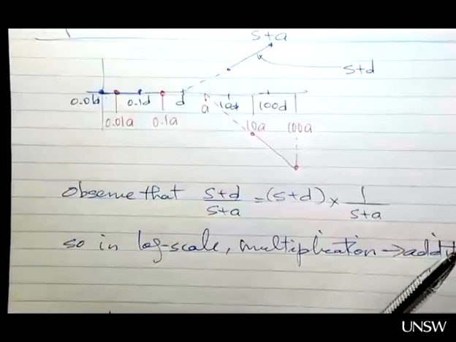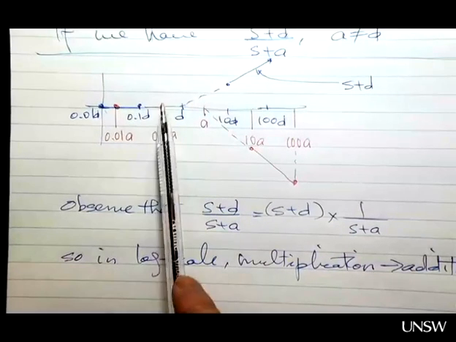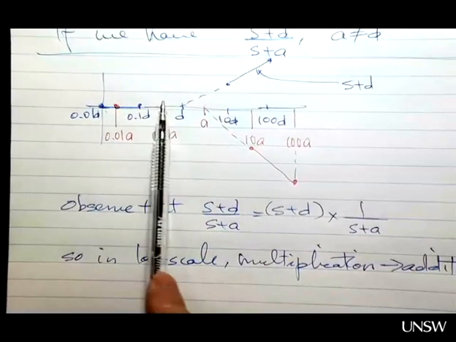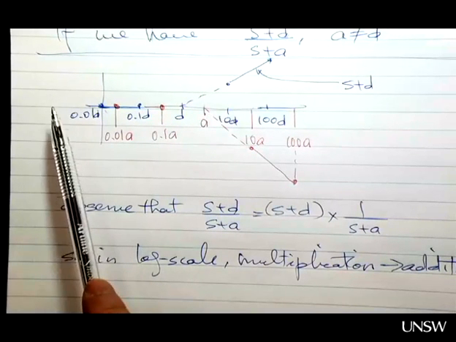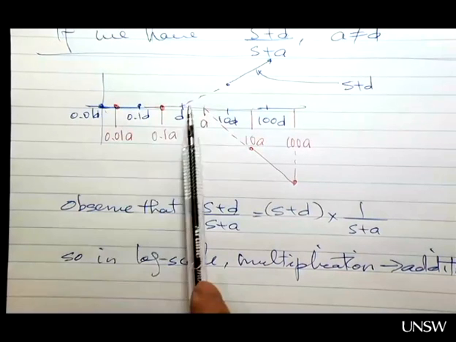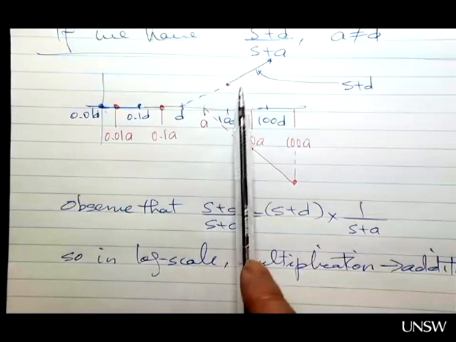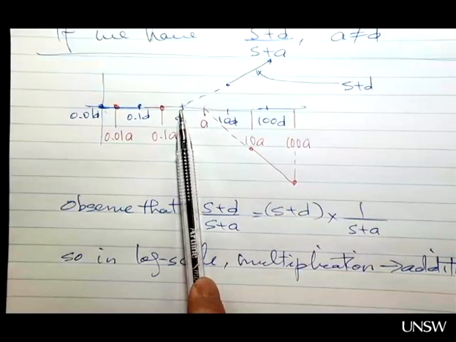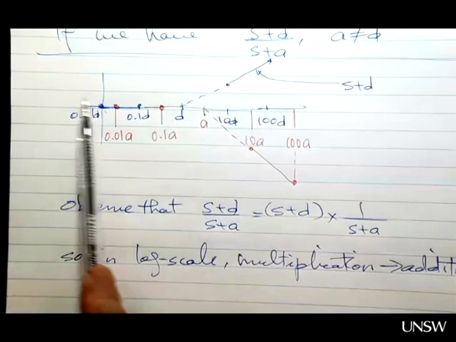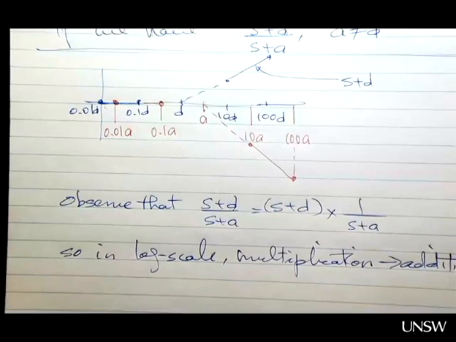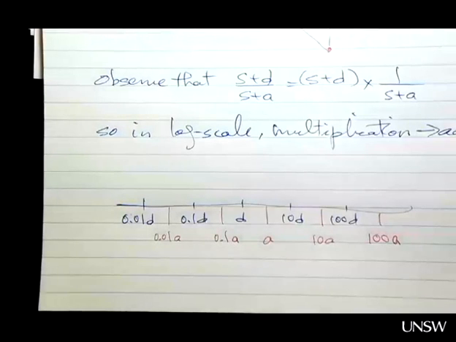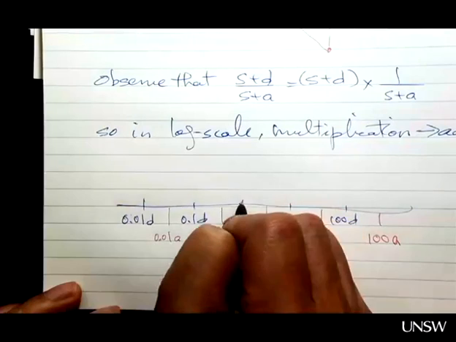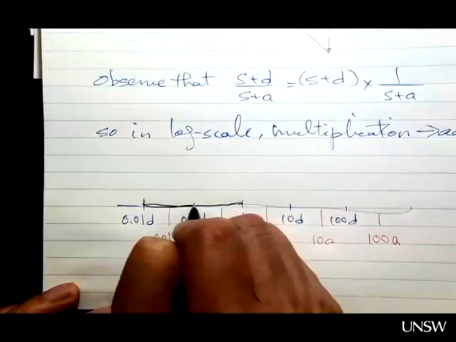Up to this point, from 0.01d up to d, it is all at the same line. So up to d, there's no change.